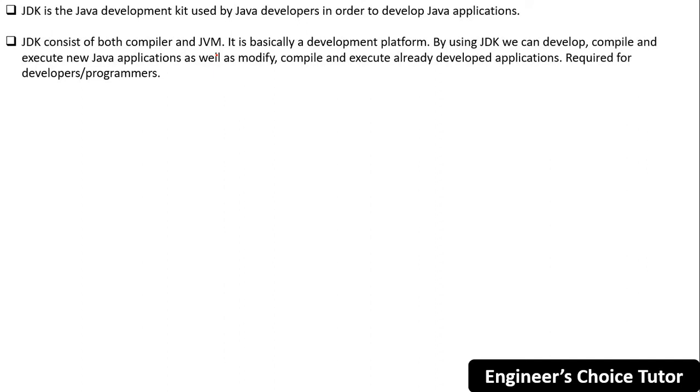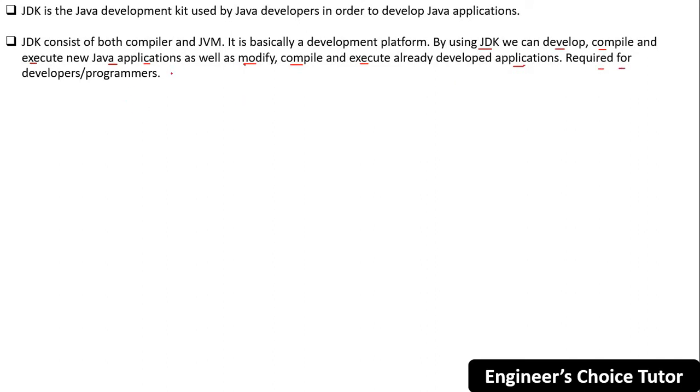It is basically a development platform. By using JDK, we can develop, compile, and execute new Java applications, as well as modify, compile, and execute already developed applications. So this JDK is basically required for developers and programmers.